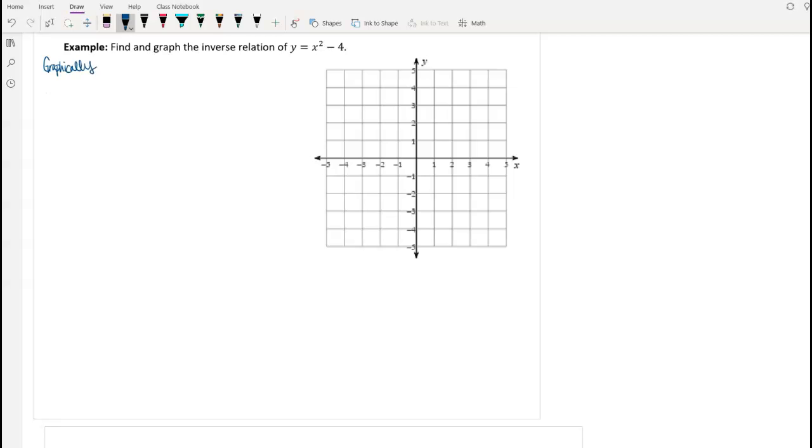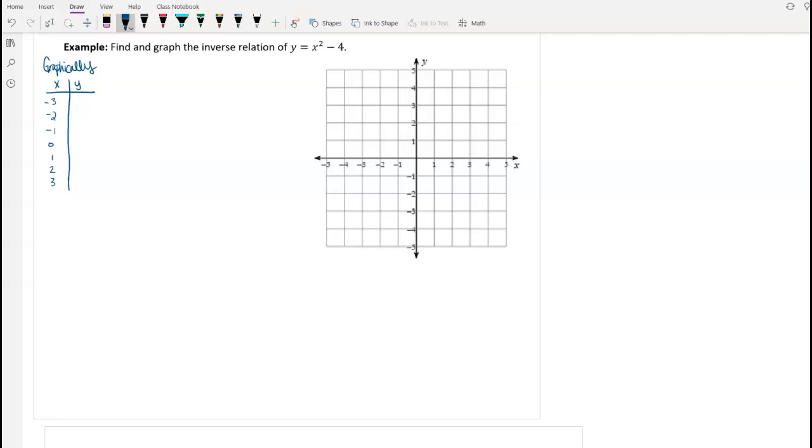To do so, we're going to make a nice t-chart. Here we have x and y. Let's make sure we choose values on both sides of 0, negative and positive. So I'm going to go -3, -2, -1, 0, 1, 2, 3.